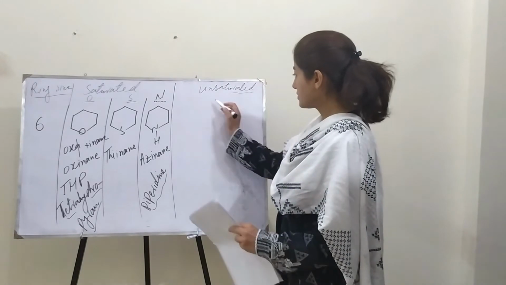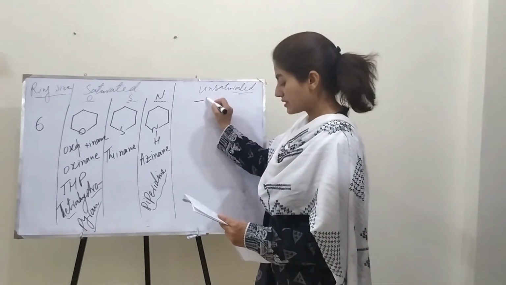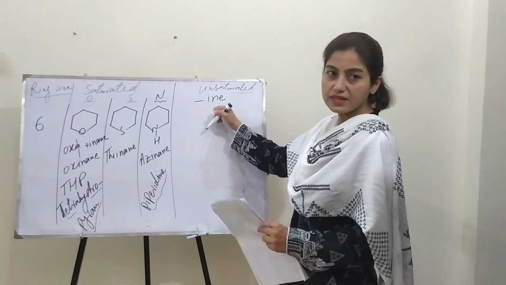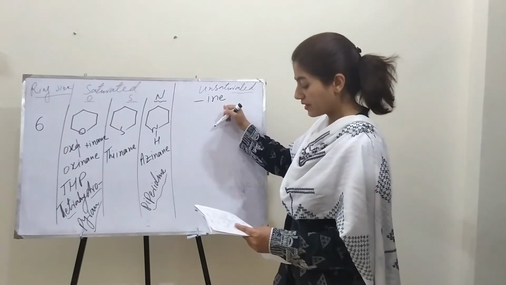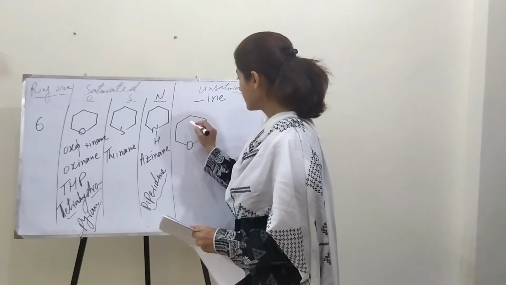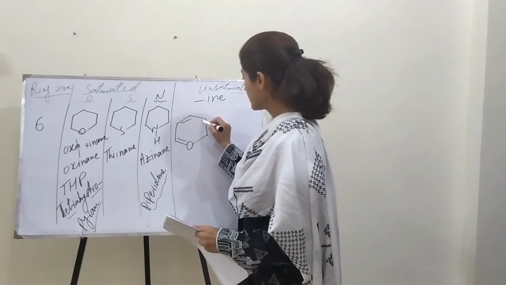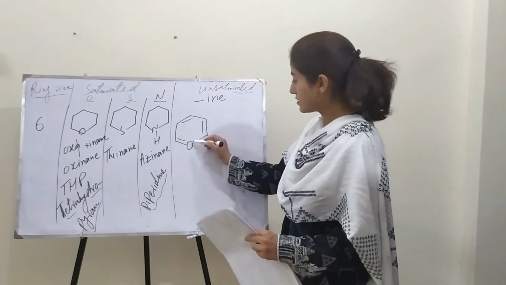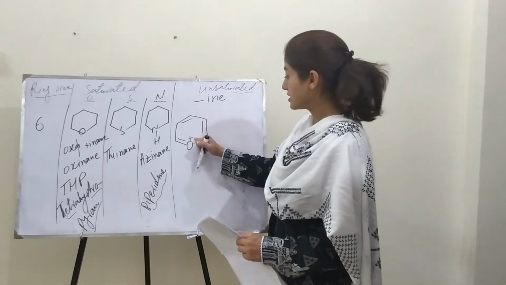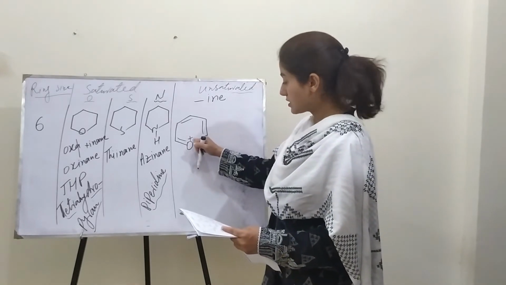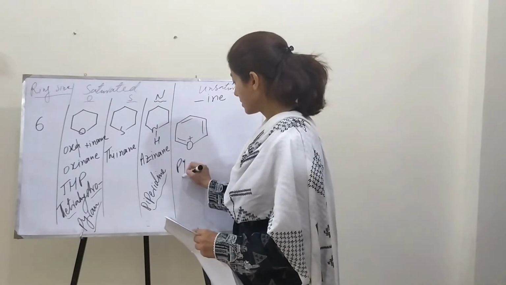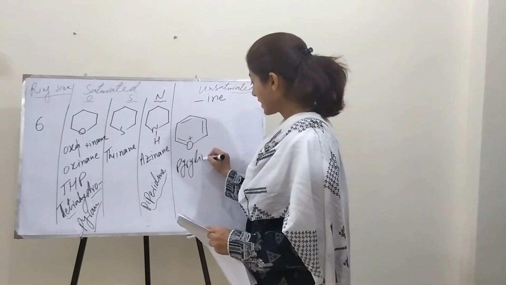Now, in the case of unsaturated systems with 6-membered rings, it ends with ine. So here, in the case of this oxygen containing unsaturated system, as oxygen is forming 3 bonds here, it would carry a positive charge, and its name would become pyrylium cation.